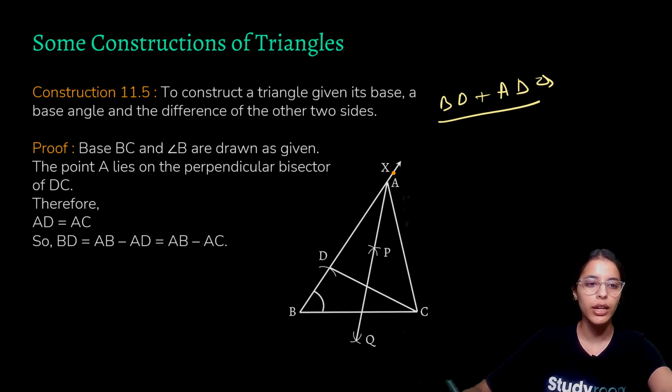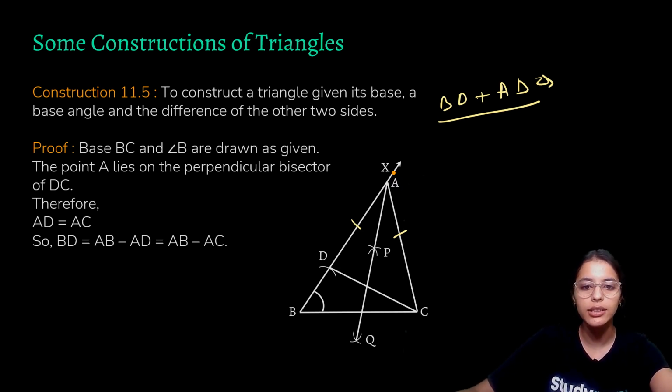Now here we can see that since A lies on the perpendicular bisector of CD, both the sides, that is DA and AC, would be equal to each other, as I have mentioned before, because the arc, if I would have drawn over here, would have the same radius, and the radius would be DA and AC, and hence DA and AC are equal.